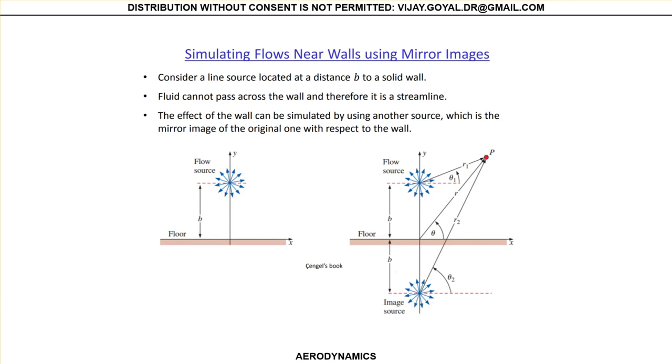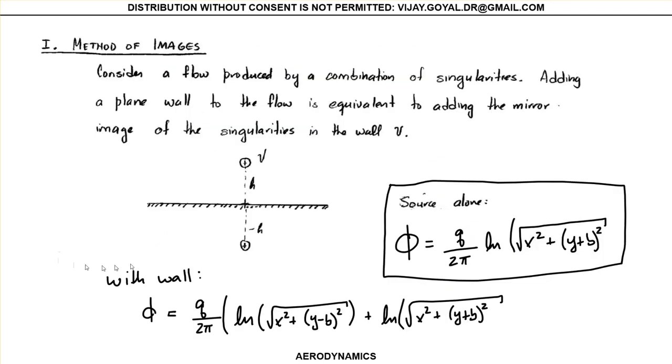Okay, so when I do that, we have the combination of the singularities. If I had the source alone, my source alone gives me this equation. Remember, this basically comes from the fact that my equation was natural log of r, and r is x squared plus y squared.